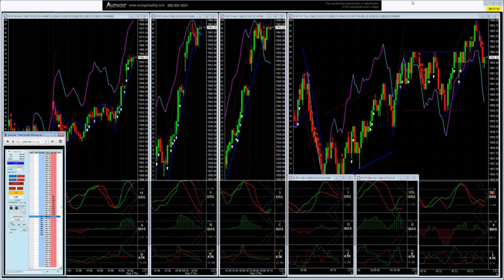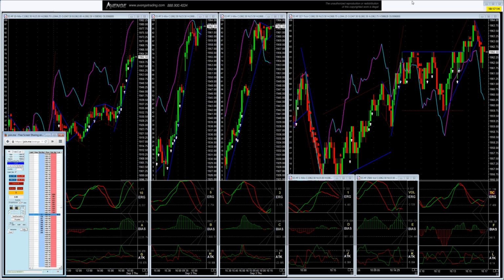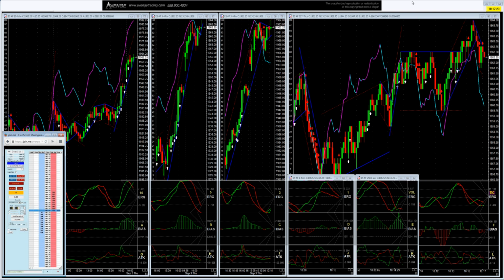Again, just in my eye slightly off on that A bias. Bottom 5 minute may still be 45 degrees, though it is certainly curved. B bias starting to curve as well.